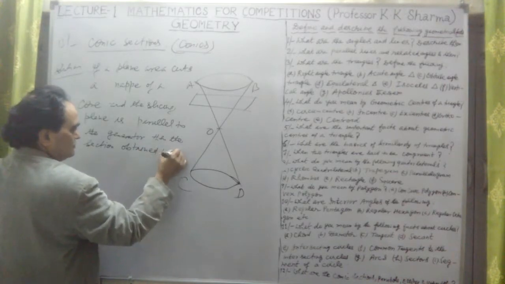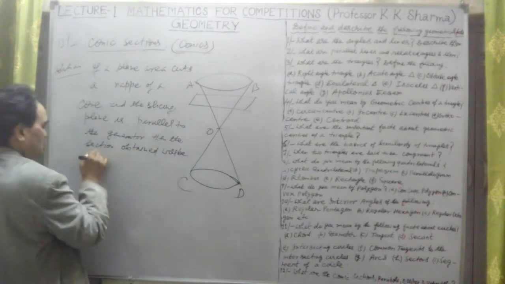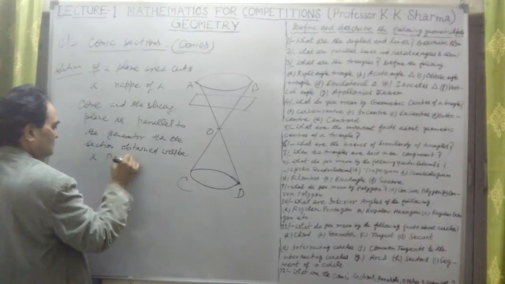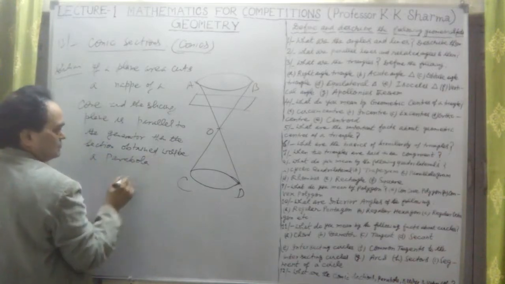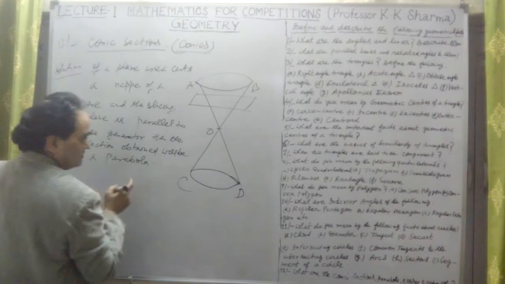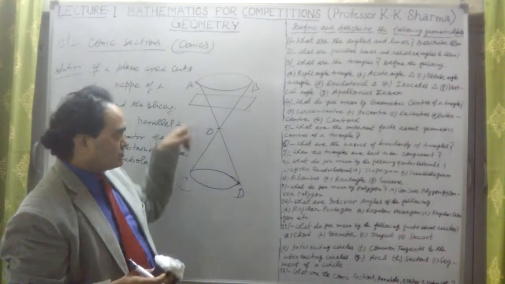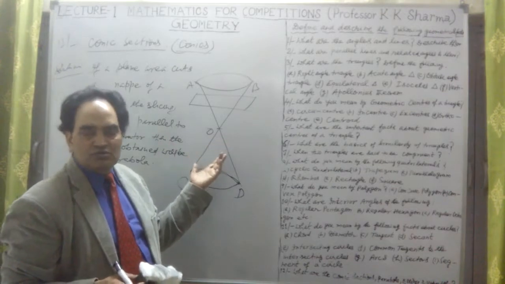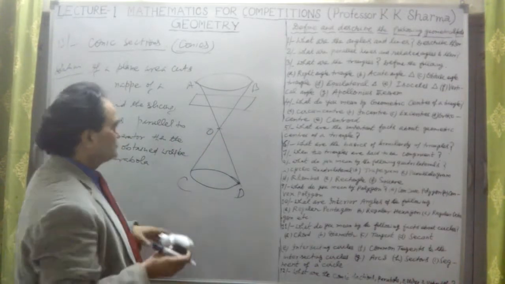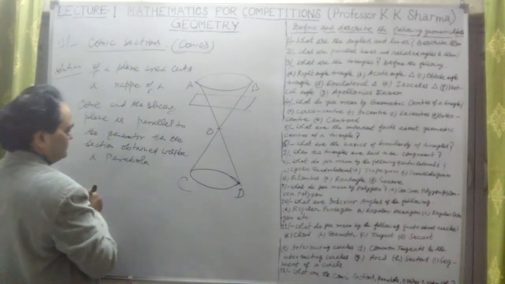Secondly, why is this conic? Because this is a section of the cone, a part of a cone, they are known as conic sections. A parabola is obtained here.